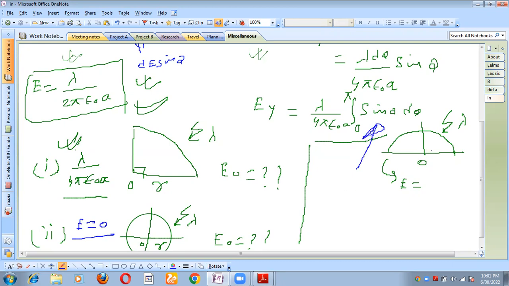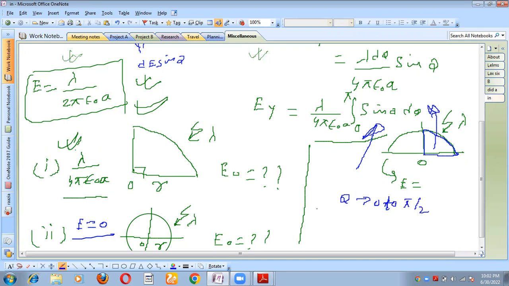For a quarter circle, meaning up to this portion only, theta will vary from 0 to pi by 2. Getting my point or no? So in this integration, what will happen?